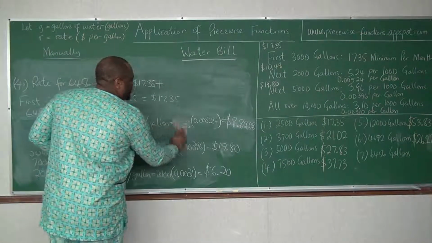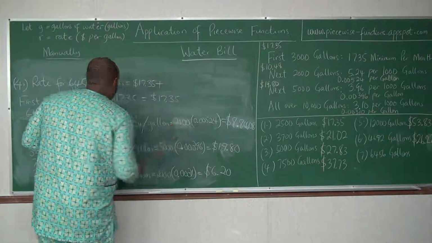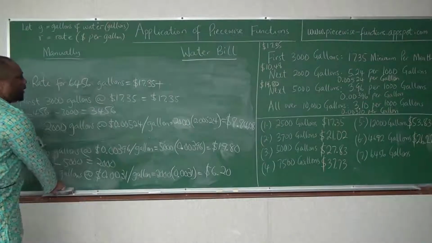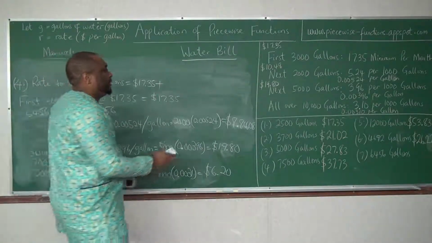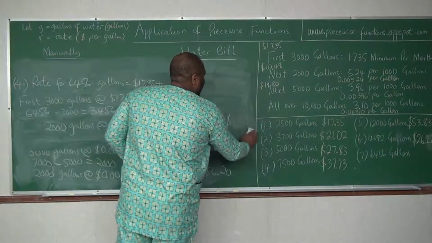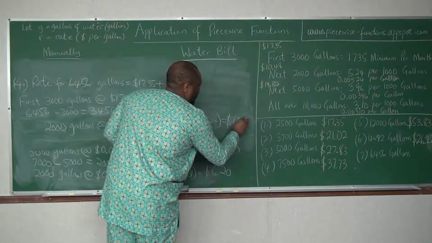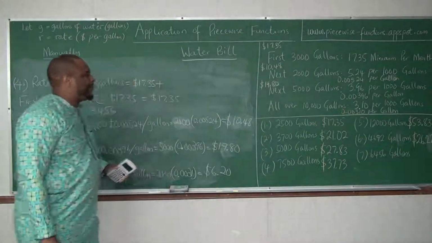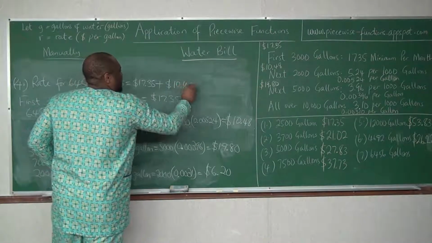So this is times 2,000 here. Because it's 3,456 gallons, it's more than 2,000 gallons. So when you do that, it gives us $10.48. Right? So this is plus $10.48.